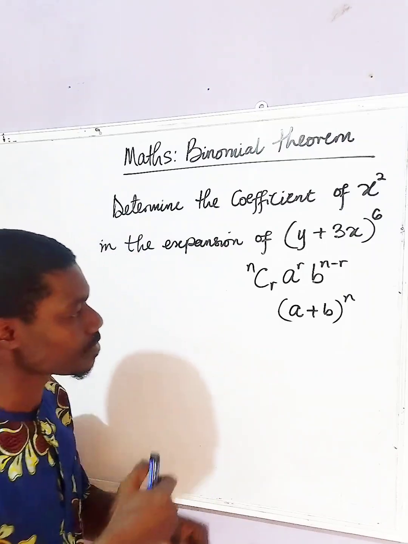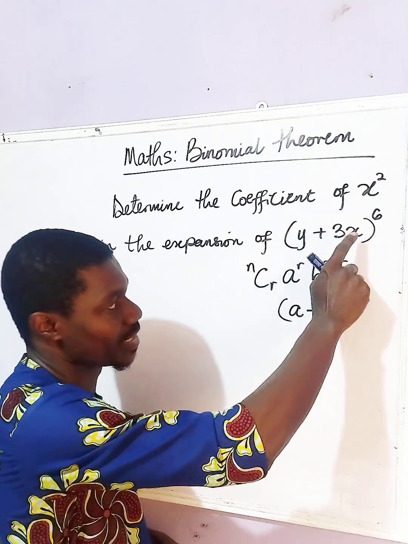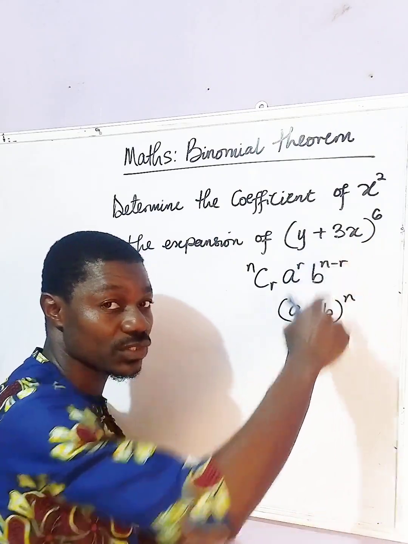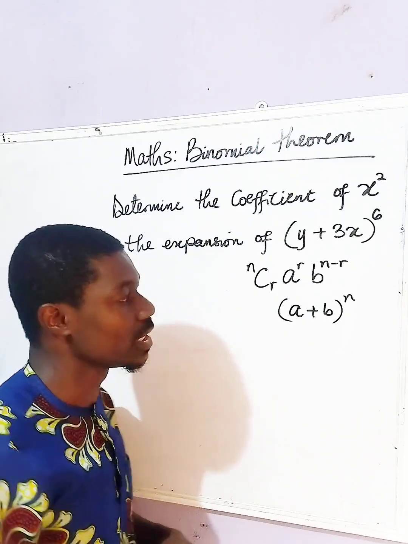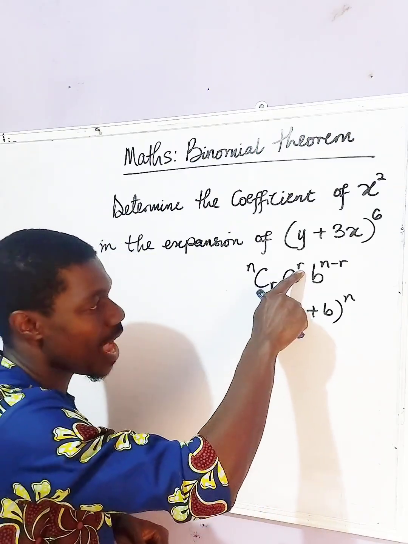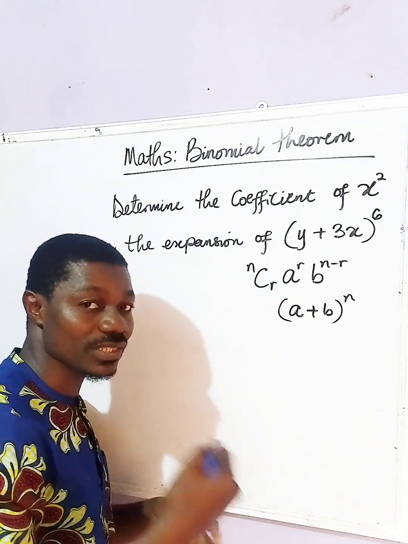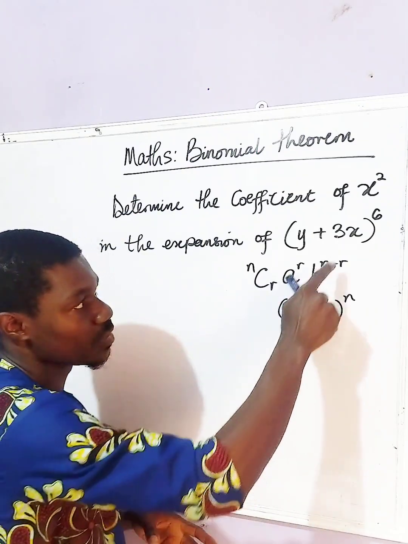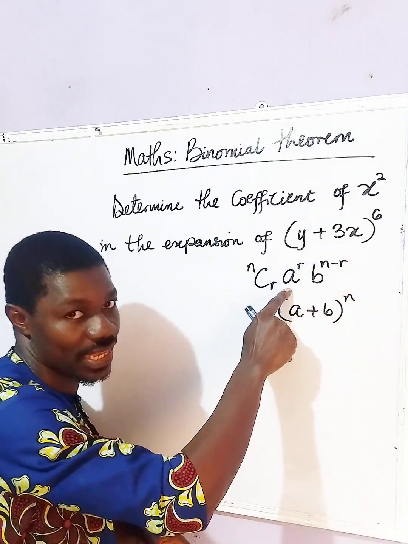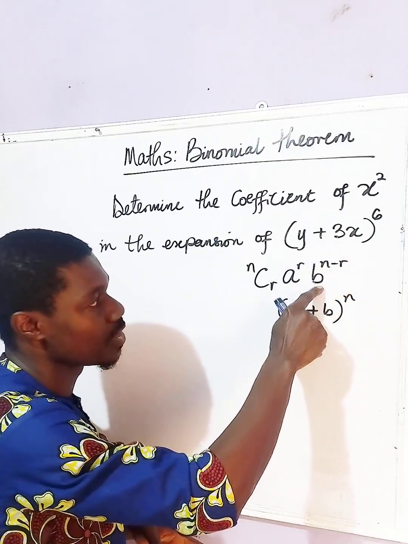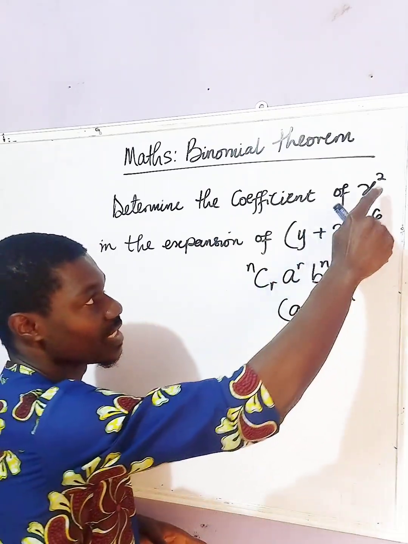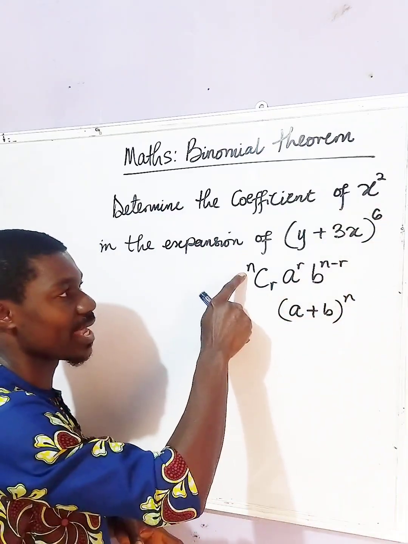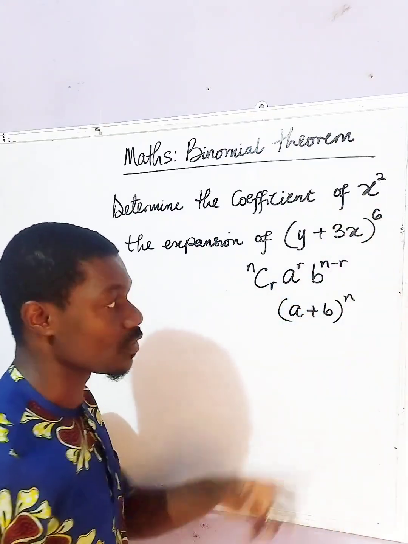Since our x in this expression must be in the degree of 2, it implies that our r is the degree of the term we are looking for. So it means that 3x will be our a, and our b will be y, while our r is 2, and our n is the degree of the question.